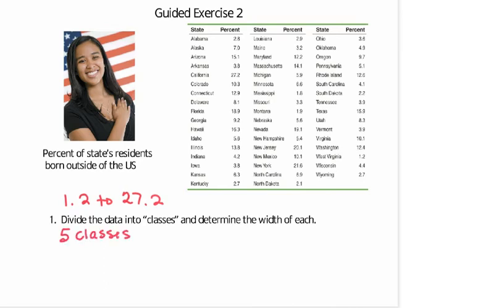And so we really need to start at 0, we know 0 would be lower, and 30 would be higher, so that would work. I'm going to work with classes between 0 and 30. You just want to make sure you have something below and above.